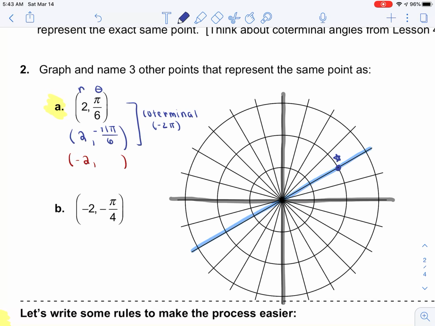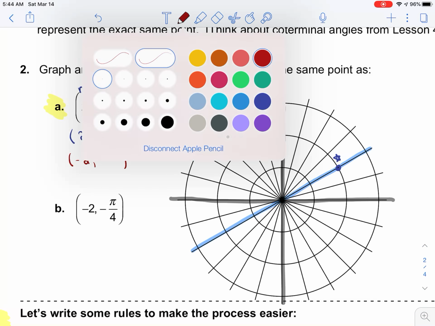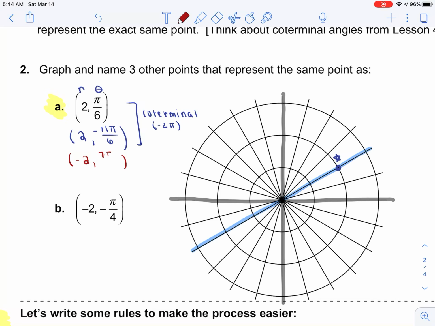So think about some names for the other side of this angle, and we know that this is also 7π/6. But then think about what's coterminal to 7π/6. We can also call that negative 5π/6. So these would be coterminal as well.